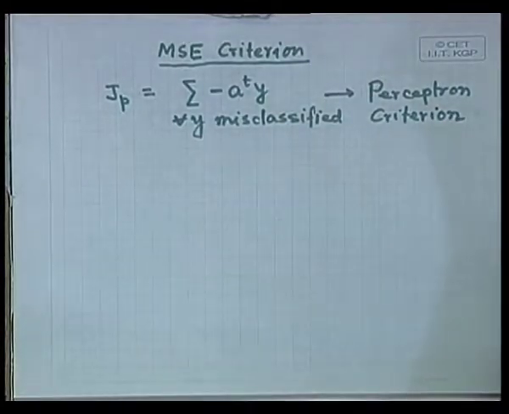And our aim was to find the weight vector A which will classify all the training samples properly. When all the training samples are classified properly, this criteria function J p has to be equal to 0, which is the minimum value, and if any sample is misclassified by the weight vector A, then J p will be greater than 0.